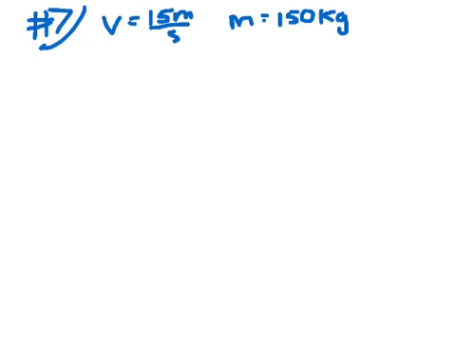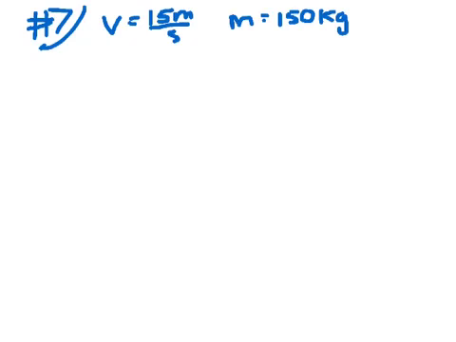Okay, number 7. Number 7 says, you are driving a go-kart at 15 meters per second. So we have velocity is equal to 15 meters per second. The cart with driver has a mass of 150 kilograms. Mass equals 150 kilograms.